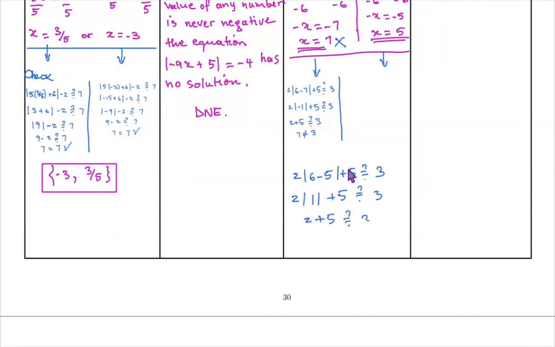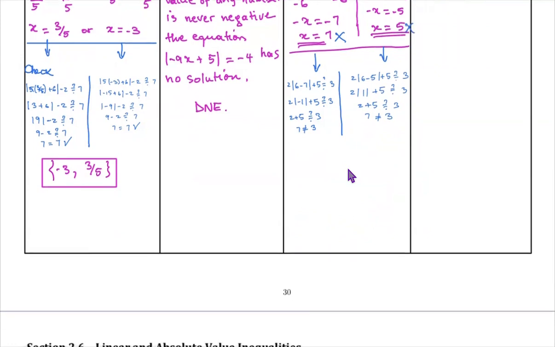Is it 3? 7 is not 3. So same scenario here. For x equals 3, x equals 5 does not verify the equation. x equals 7, x equals 5, both of them do not verify the equation, so the solution does not exist.